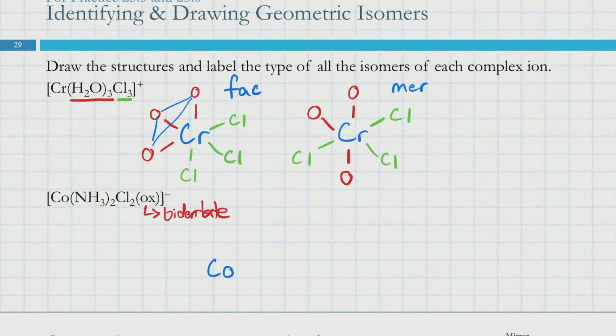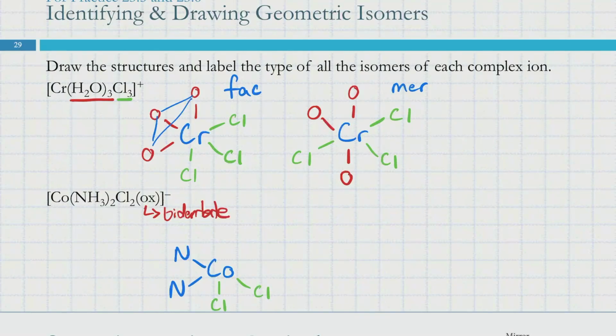We've got ammonia. I'm going to put the amine groups, the nitrogens, over on the left for no particular reason. And we'll put a chloro group down and coming out to the front.